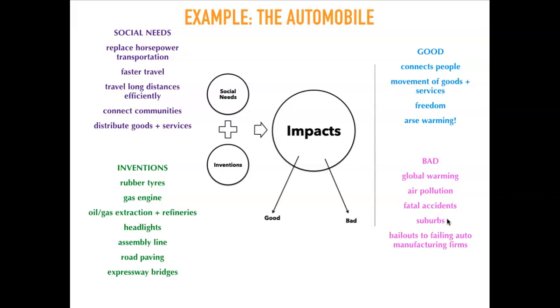So the need to connect the city center with the suburb was a necessity, and some would argue is a bad consequence of the lifestyle from the automobile. Another bad consequence, likely unforeseen by car designers, I would think, are the millions and millions of dollars given by governments to failing automotive manufacturing firms.